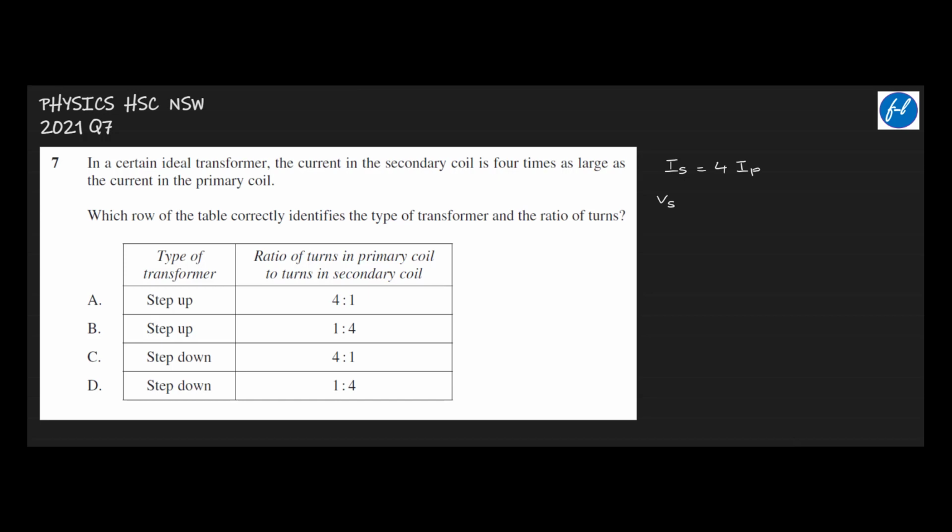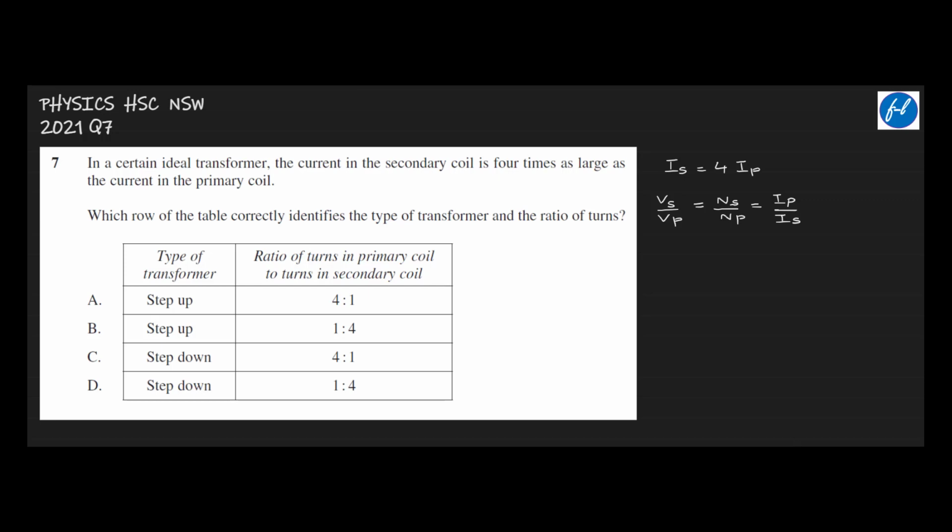Voltage in the secondary divided by voltage in the primary will be equal to number of turns in the secondary divided by number of turns in the primary, which in turn is equal to the current in the primary divided by the current in the secondary.